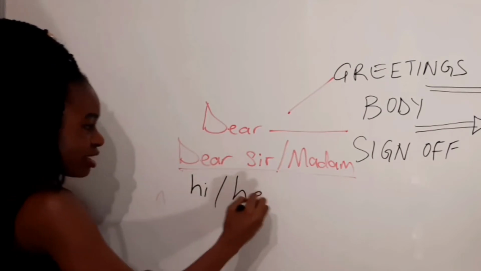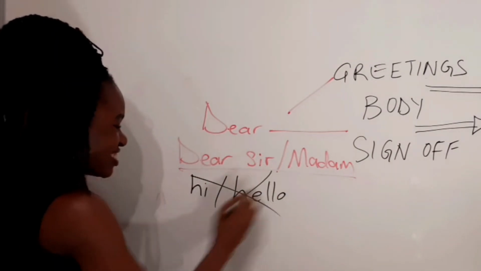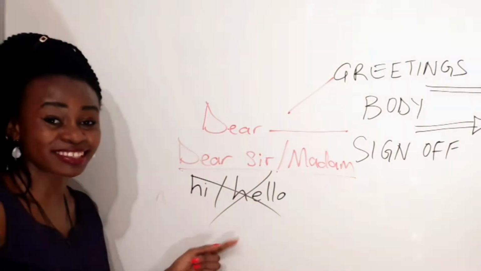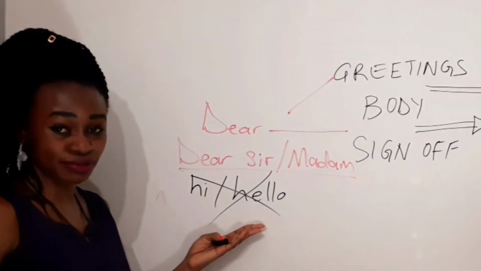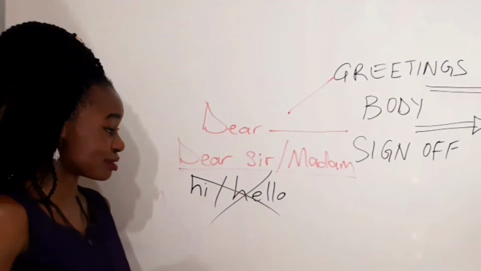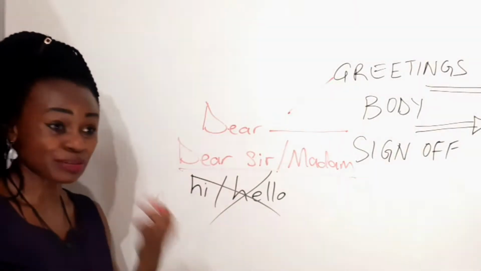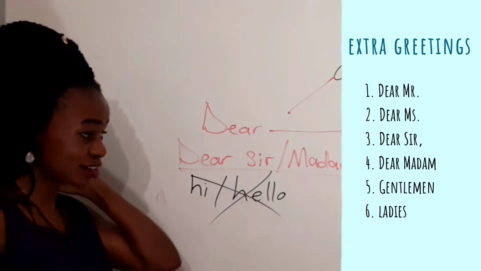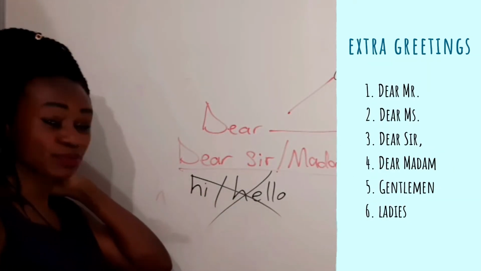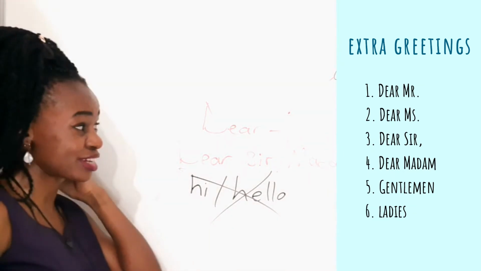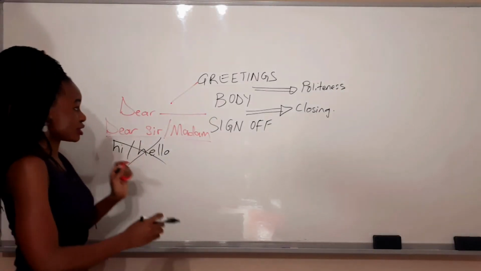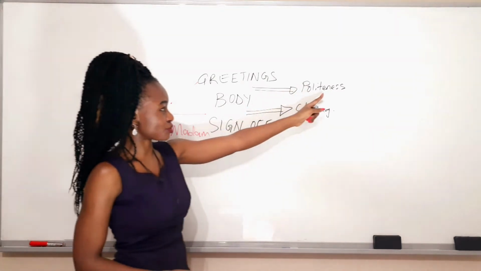Hi, hello. No. Please don't use this. This is not very suitable for official writing. If you're writing an email to colleagues, hi, hello, except if you're very close, if you're friends. So you can begin with these, and then we get on to the politeness.